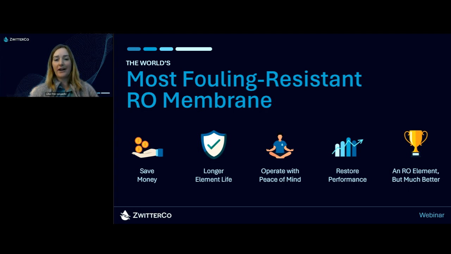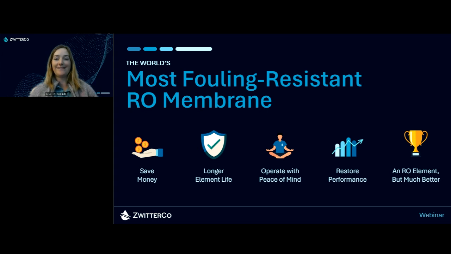Well, like we saw in the video that Brett just shared, thanks to the zwitterions, organic material cannot adhere to this membrane surface. This means this membrane does not require as many chemical cleanings to remove those organic foulants.